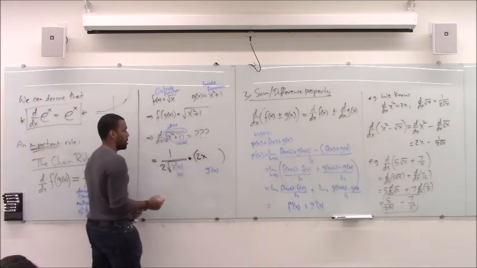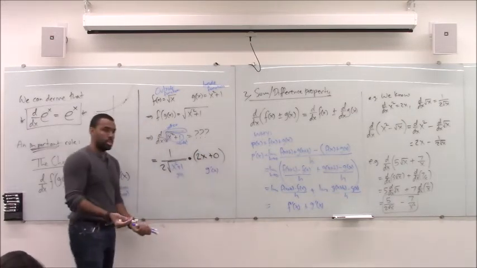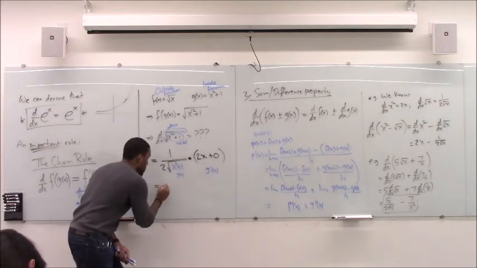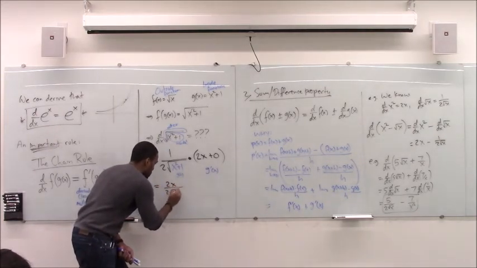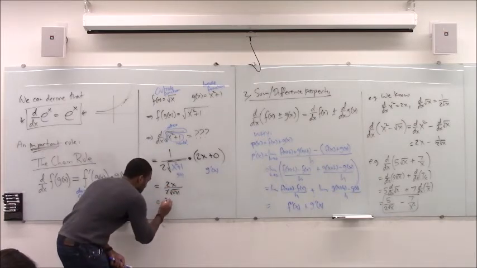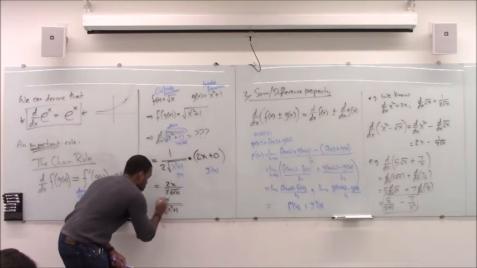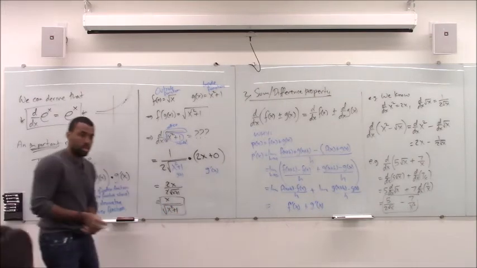What's the derivative of 1? 0, right? Derivative of any constant is 0. So the answer here is 2x over 2 radical x squared plus 1, or the 2's cancel. You get x over the radical of x squared plus 1. That is the slope of this function.